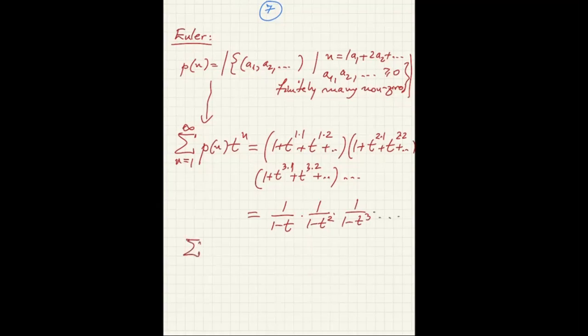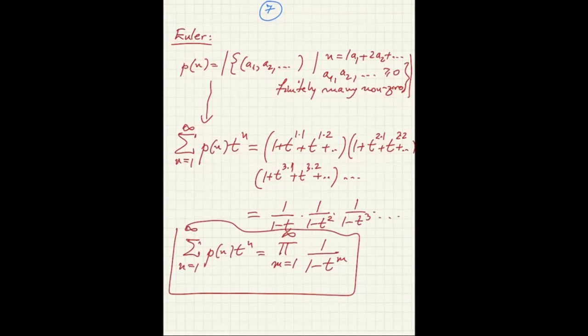So the formula is the summation from n equals 1 to infinity of Pn t to the n equals the product, from m equals 1 to infinity, of 1 over 1 minus t to the m. This is a very nice equation, and despite it, there is no simple closed formula for Pn.